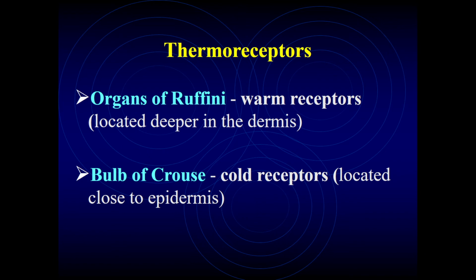There are more cold receptors than heat receptors. Cold receptors are located more superficially than heat receptors. Most thermoreceptors are found in the skin of the face and neck.